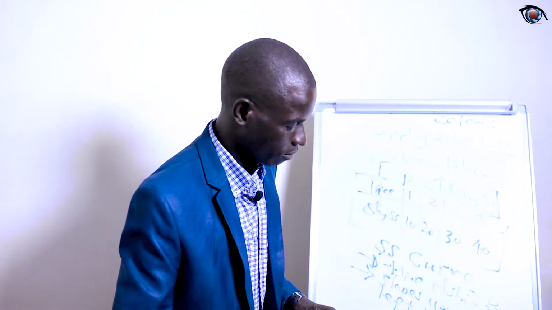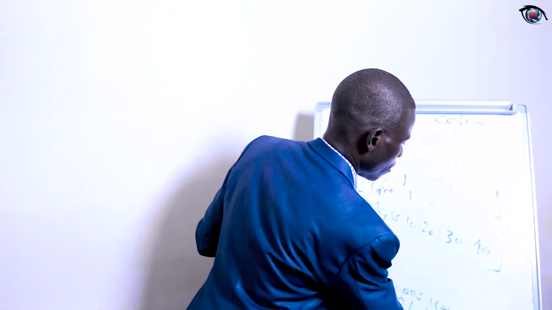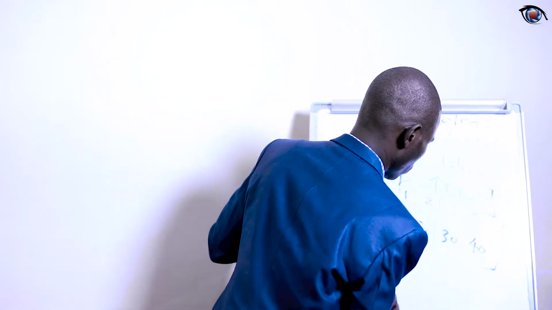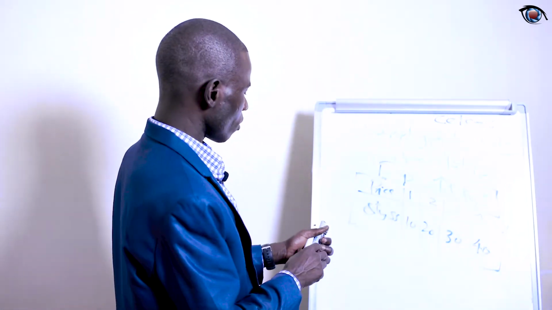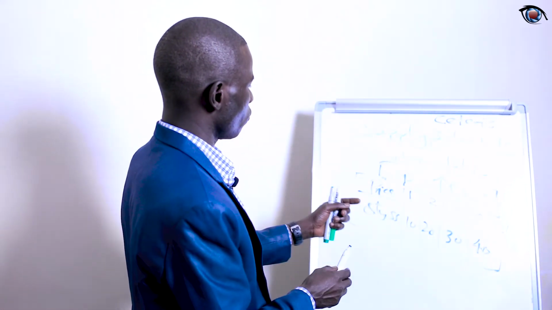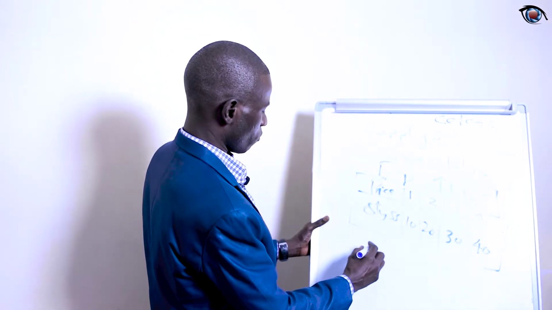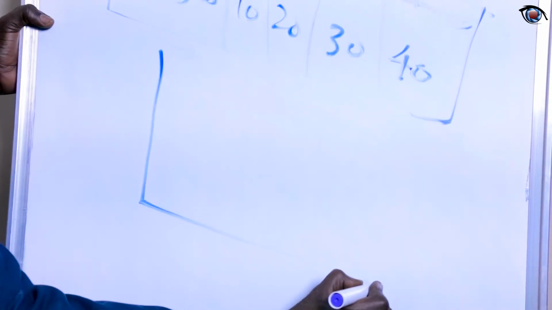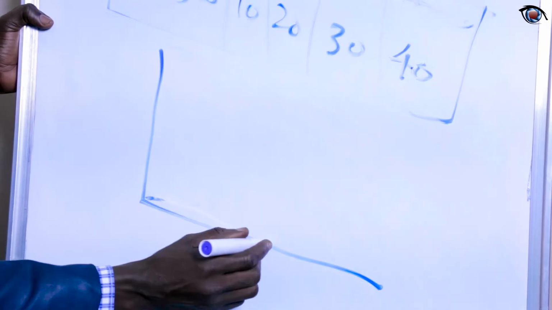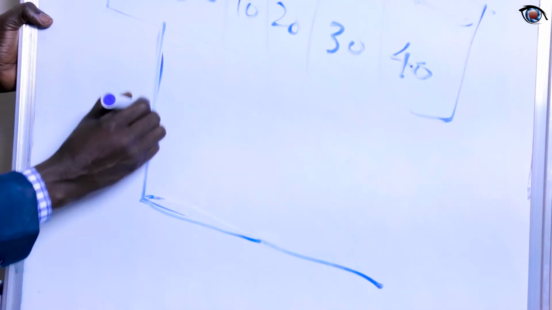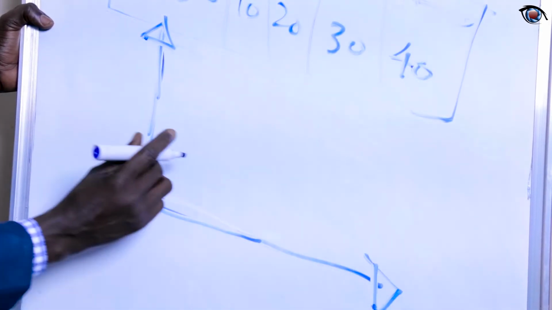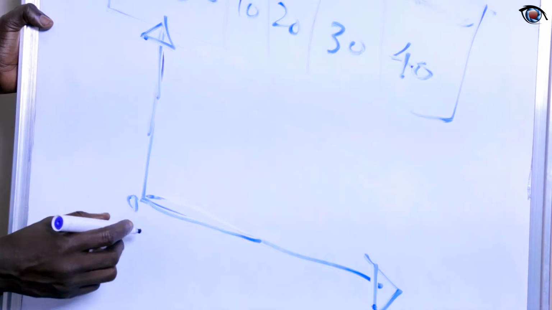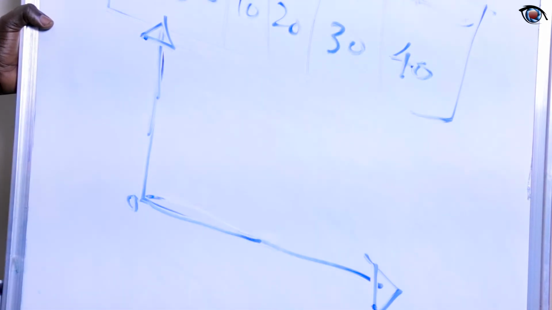Okay, let us now draw the supply curve so that you may see it clearly. And as I said, we are going to use the supply schedule to draw the supply curve. So we have two axes. We have the vertical axis and we have the horizontal axis.